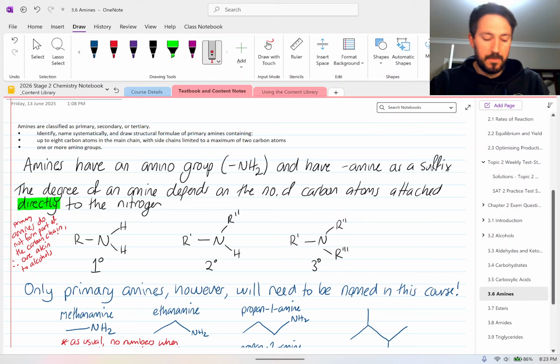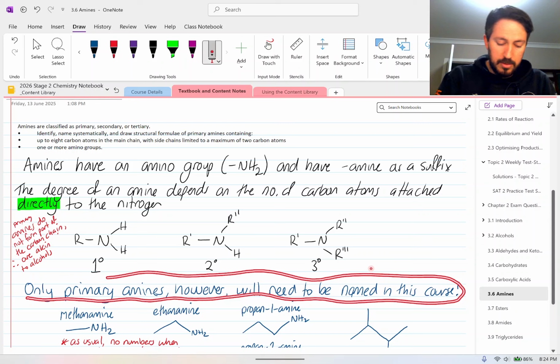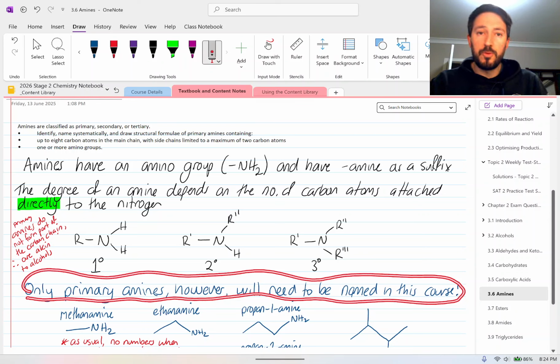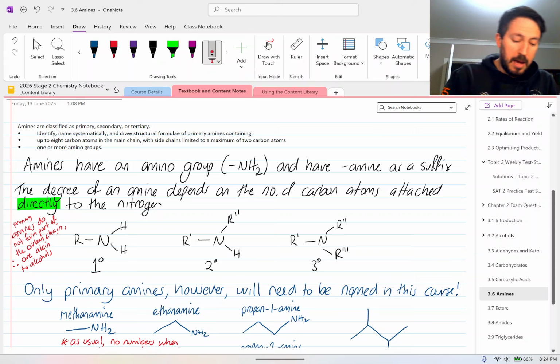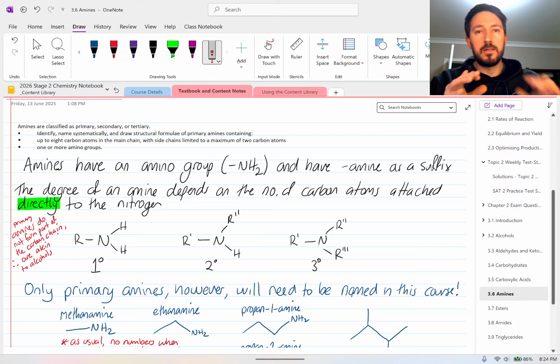Now, we are only actually going to have to name, in this course, primary amines, which is nice, so it saves us a bit of effort. Before I move on to doing that, I want to remind you that primary amines are terminal.